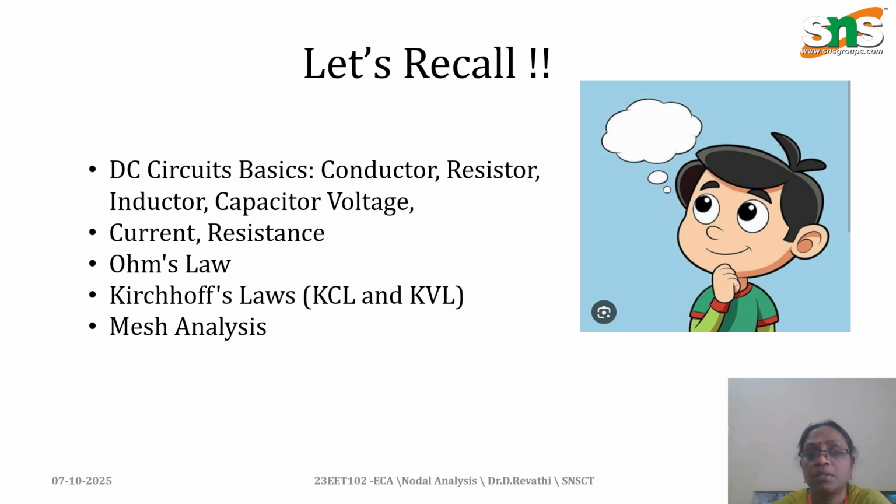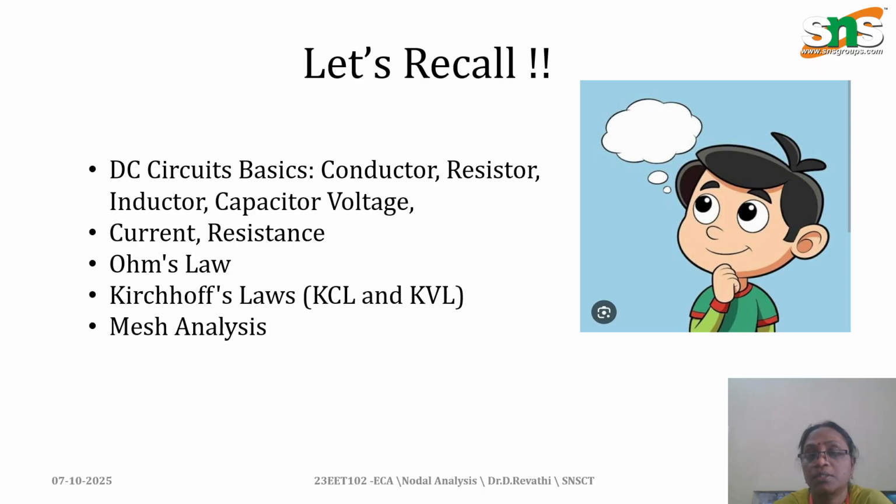Let us recall the basic circuit, and what the components are: what is current, resistance, mesh analysis, KVL, KCL, all those things. KCL says the total current entering a node and leaving the node is equal.